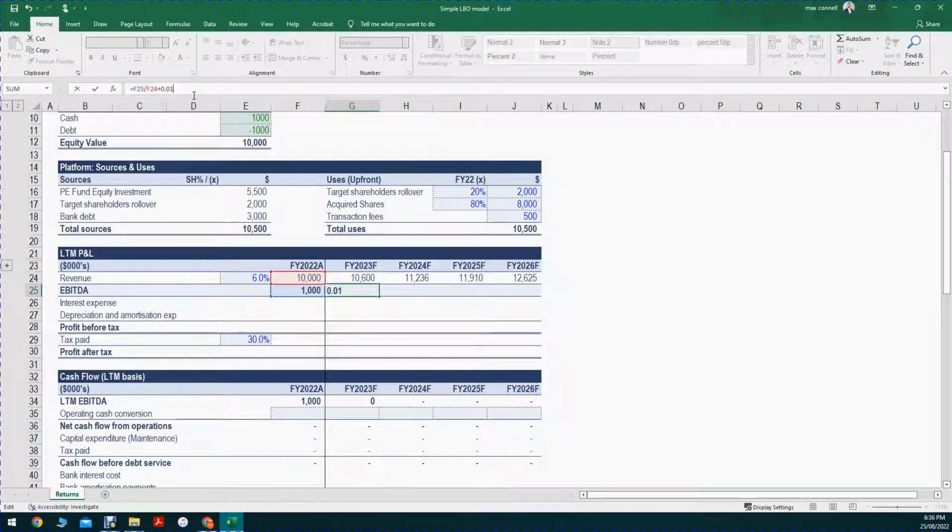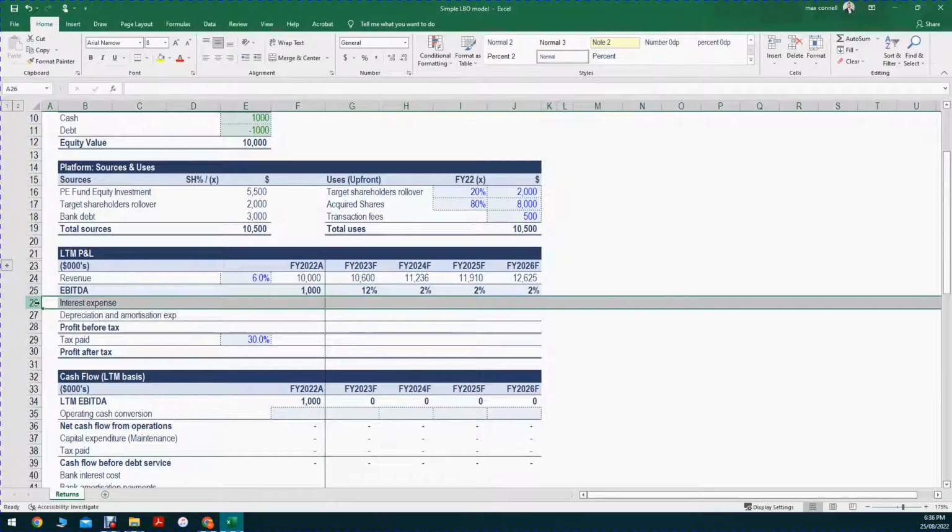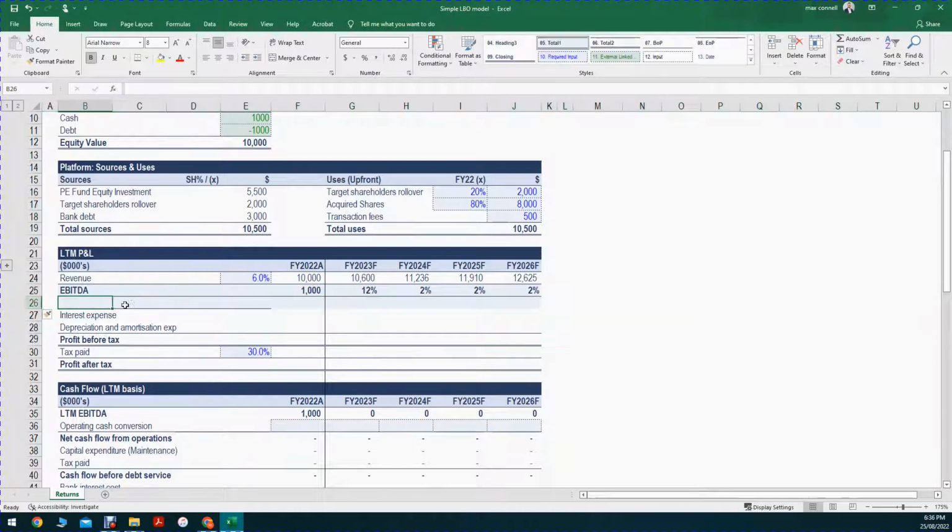Let's add 0.1% or 2% each year. So we're going to get that margin up to 12%, etc. I'm just going to add in an extra row for margin. We'll do it down here instead.